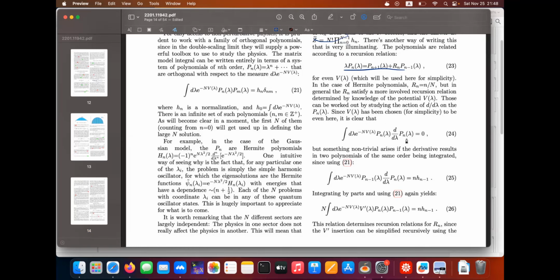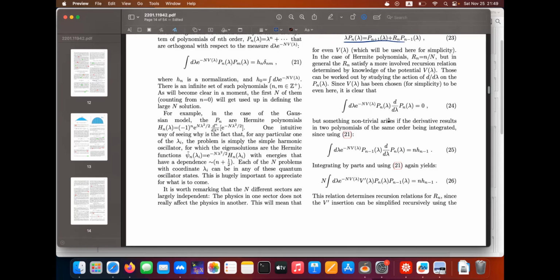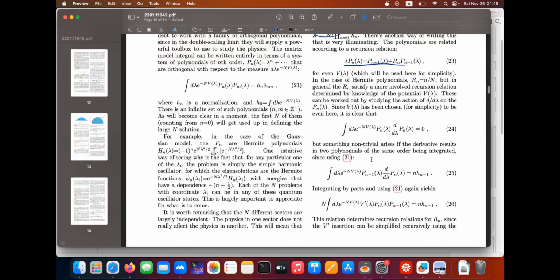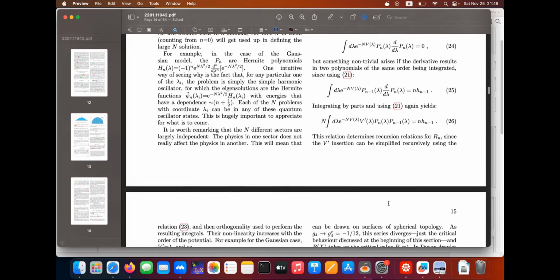So you can find that this one equals 0, because this part is an odd function and this one is an even function, and the integral ranges from minus infinity to positive infinity. So this gives 0, and then you can calculate this one. It's quite straightforward. You can check it with the recursion relation. Now finally you get this one.